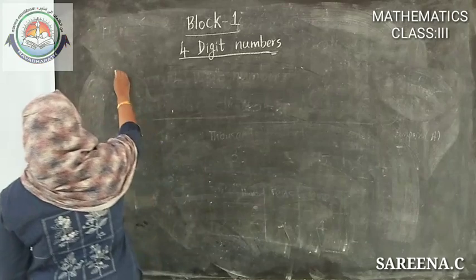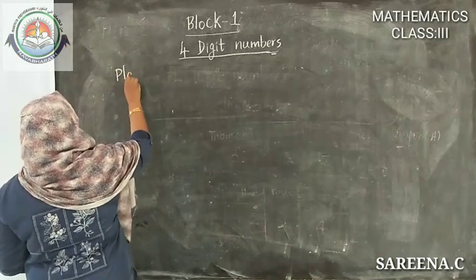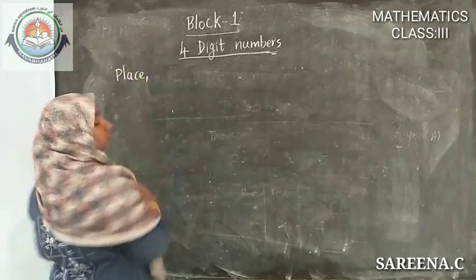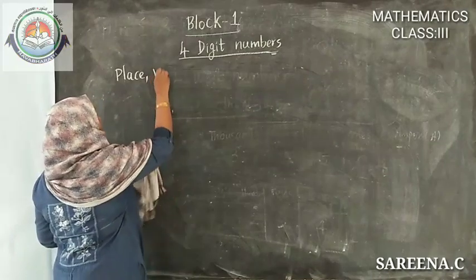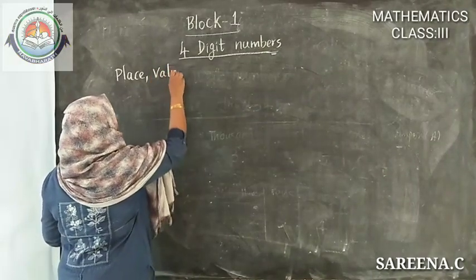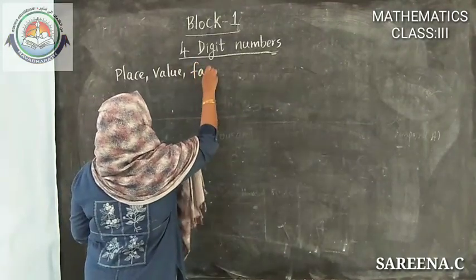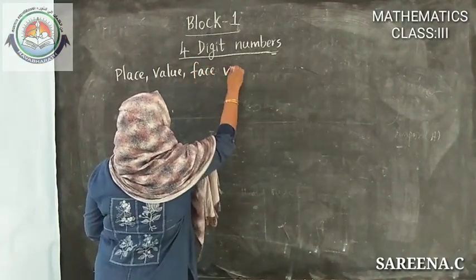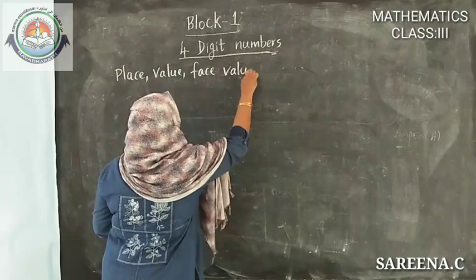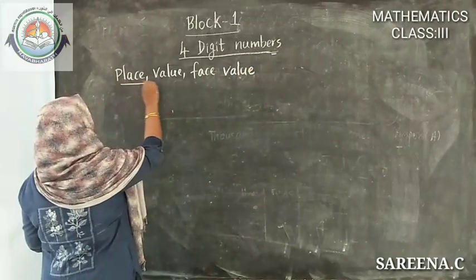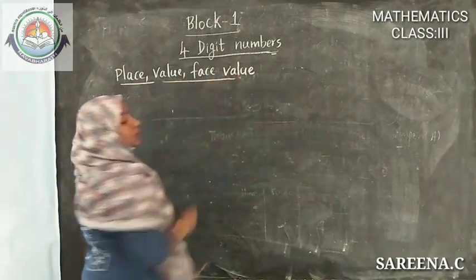Next concept is place value and face value of a number. Place value and face value of a number.